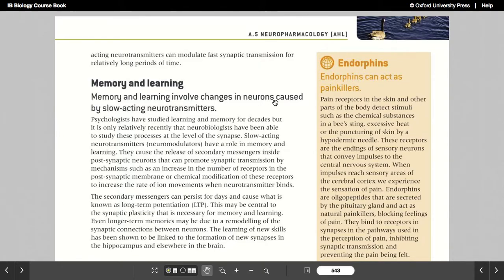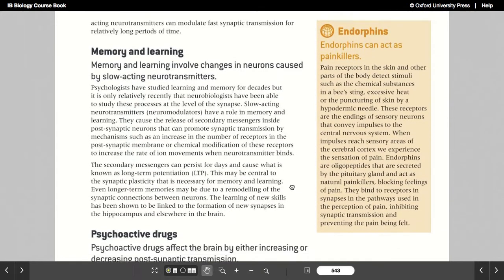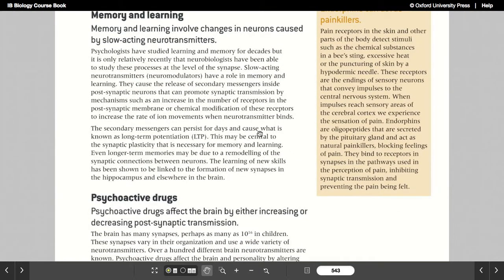So like we said before, slow-acting neurotransmitters are involved in memory and learning because they linger longer and because they set off a chain reaction in your cells. They can persist for days. We call that long-term potentiation.